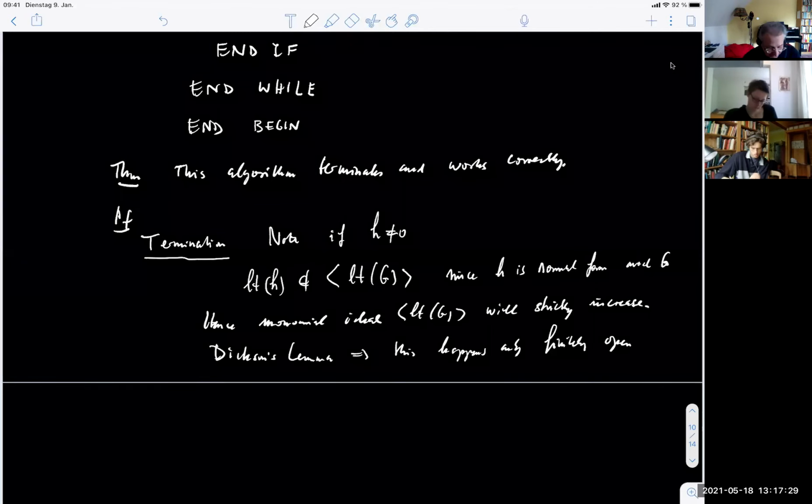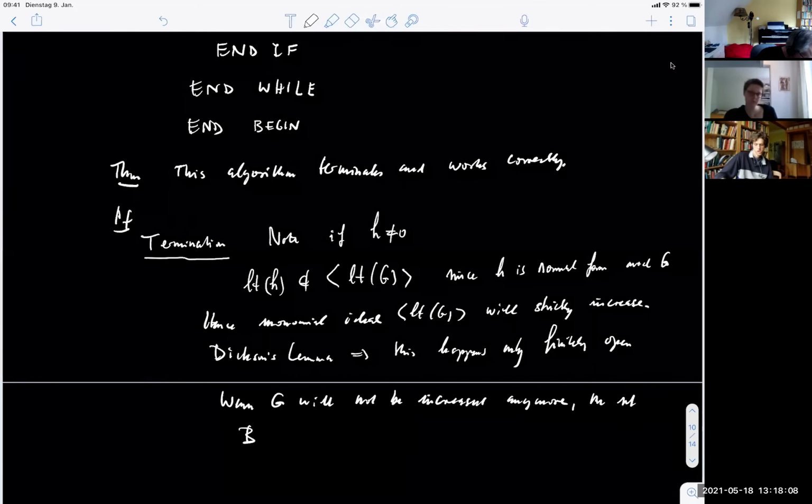Also, it may take many, many times, but it's finite. And when we are at that stage, when G will not be increased anymore, will not be bigger, then what happens to the set B of critical pairs?